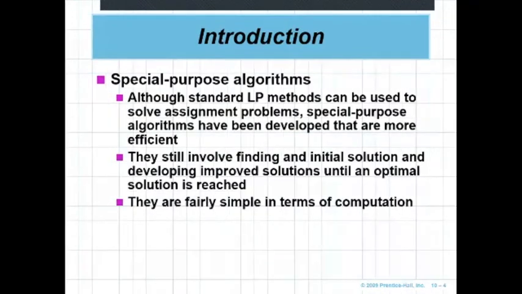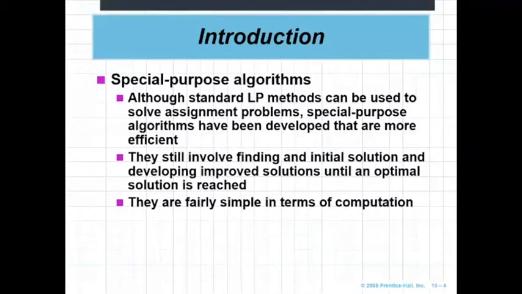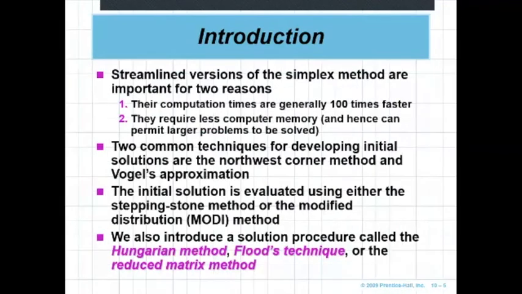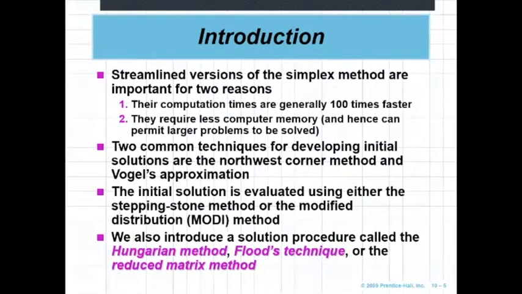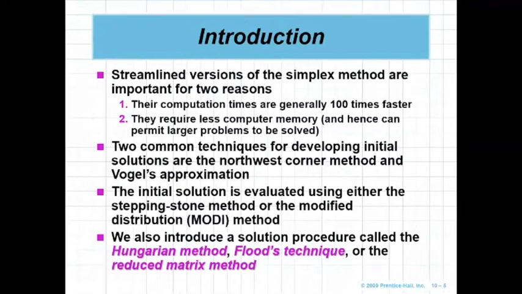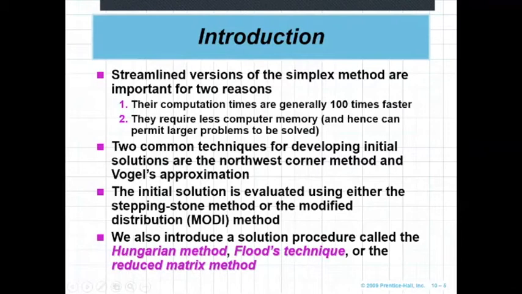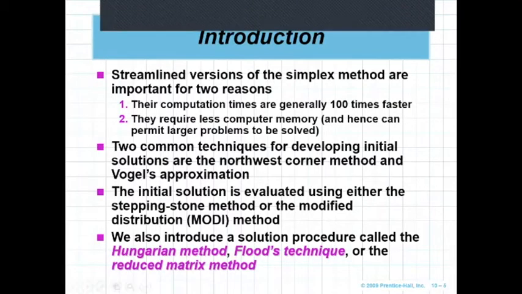This is also a special purpose algorithm in linear programming, so the idea is not far different from the previous tutorial on quantitative methods. In this assignment model, we use a procedure called the Hungarian method.